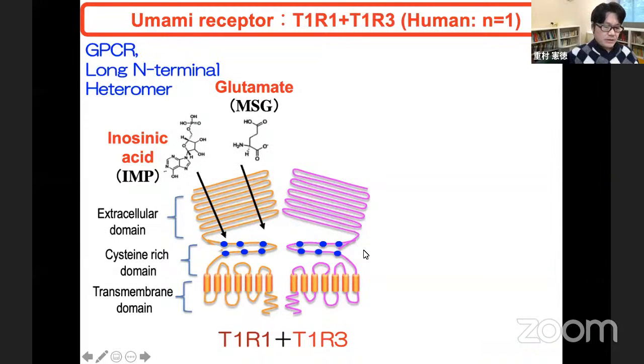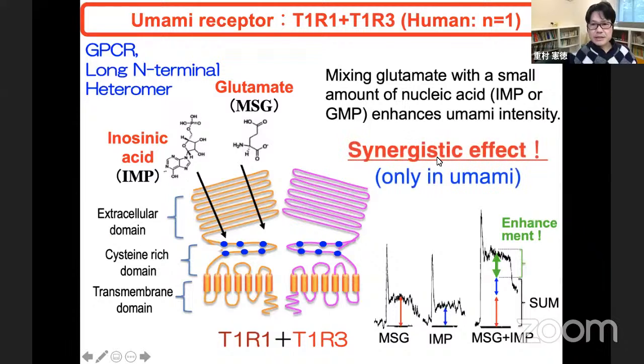The characteristic of this umami taste is the synergistic effect. Synergistic effect means mixing glutamate with a small amount of nucleic acid, IMP or GMP, enhances umami intensity. This is raw data of the taste nerve responses to MSG alone, glutamate alone, and IMP alone.